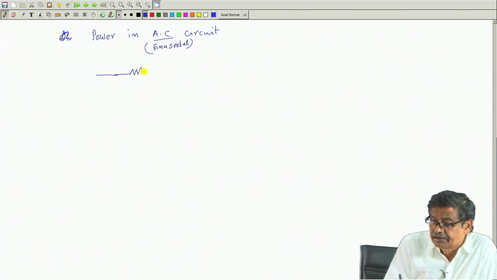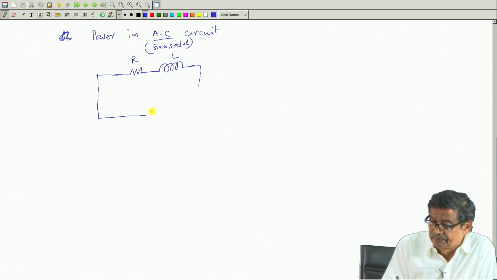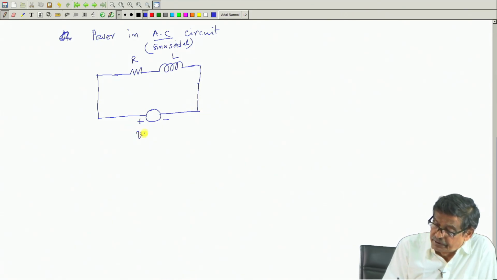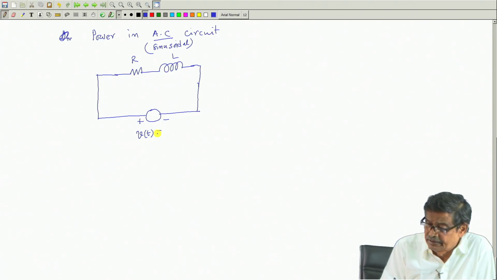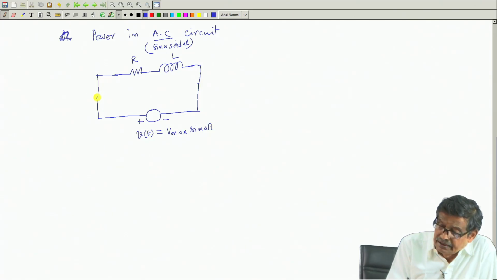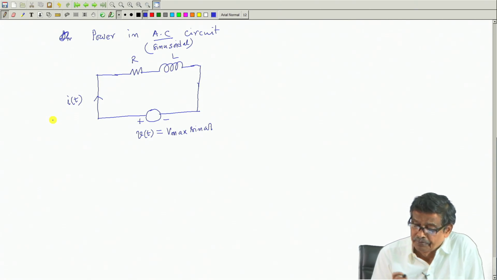you have a circuit like this, RL, and in time domain I am here. This is your supply voltage v(t) equal to say Vmax sin omega t, and the current is i(t), and I am interested only in steady state current as I told you.